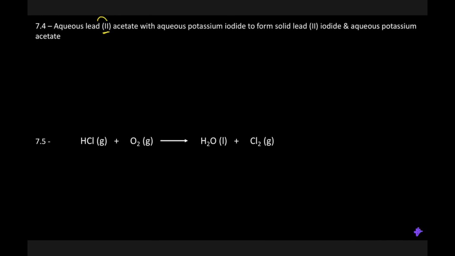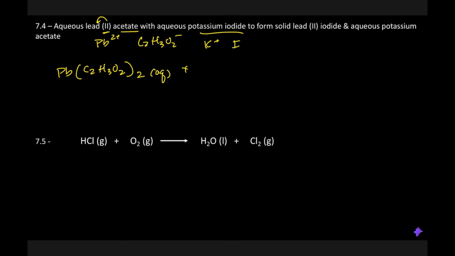Lead 2, so this is Pb2 plus and acetate, C2H3O2 minus. So that means we have Pb(C2H3O2)2, and it's aqueous, it says, plus aqueous potassium iodide, which means it's the binary aqueous, forms solid lead 2 iodide.